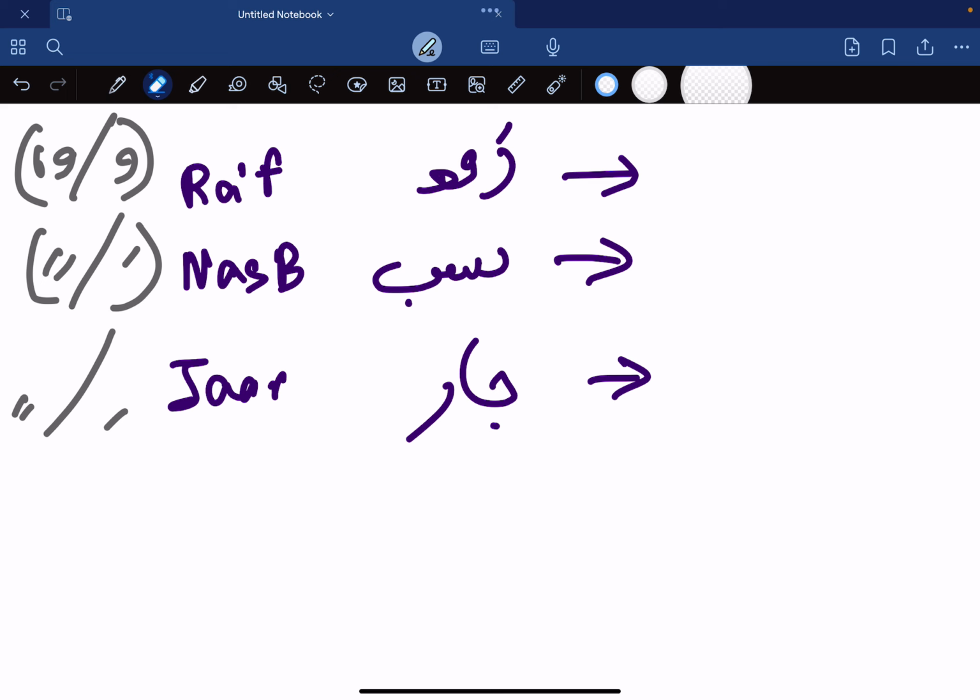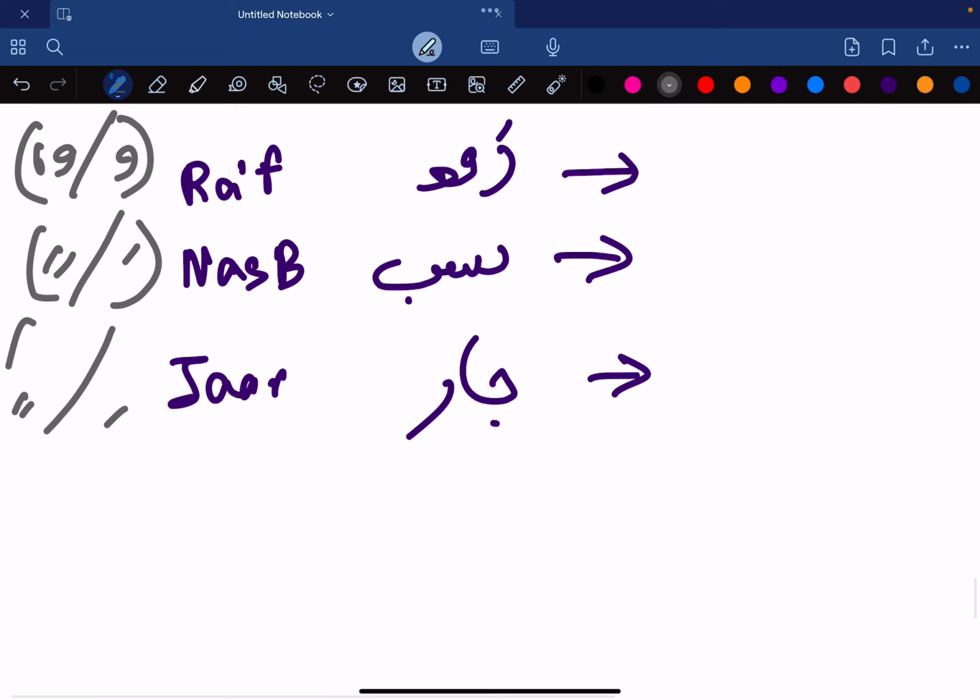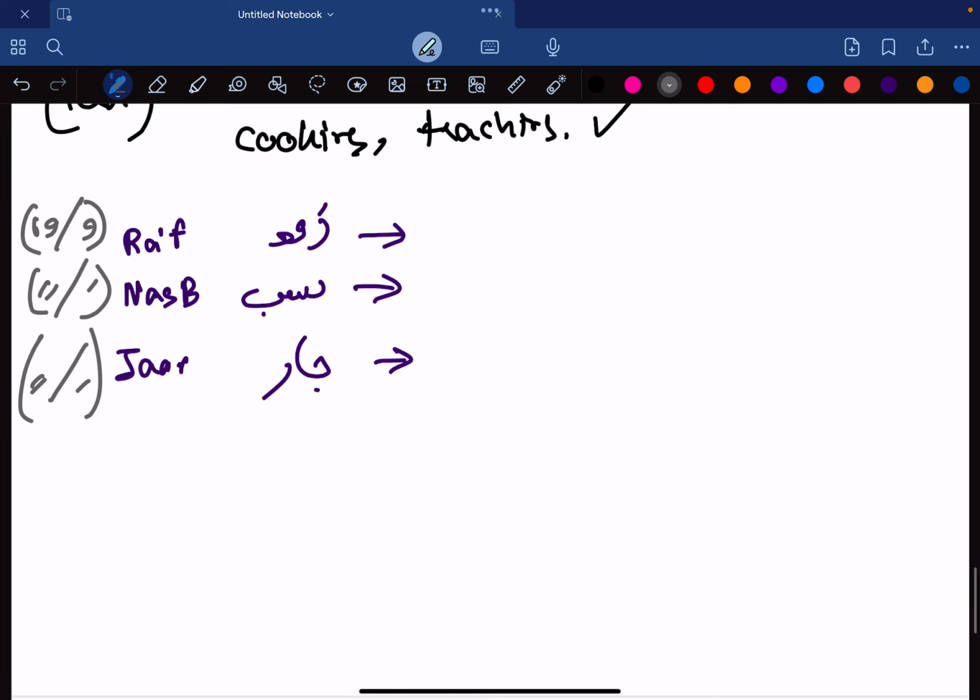It doesn't matter which, anyone. Okay? It seems like I'm running out of space here. So they are that. So Rafa, nasb. This is really important because these will help you to translate. So anything that's Rafa is Dhamma, and so on and so forth.